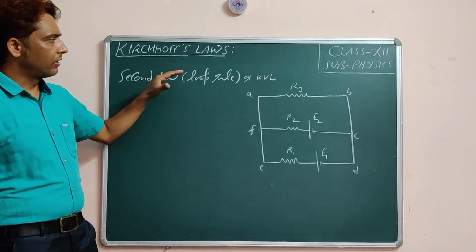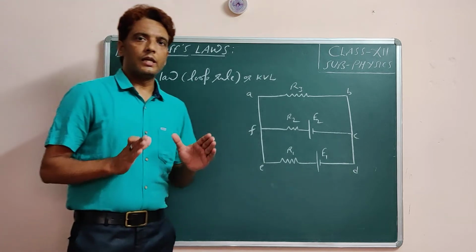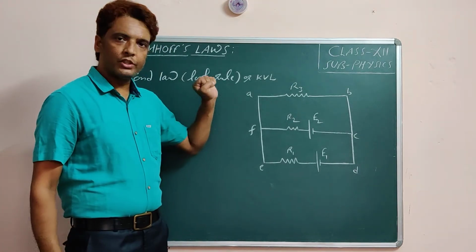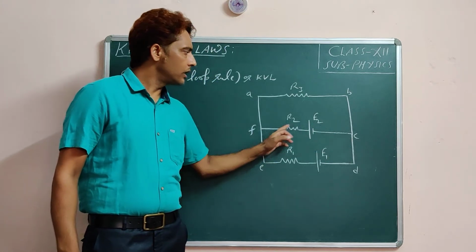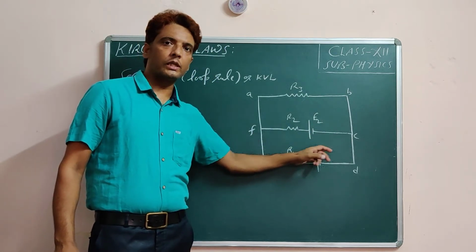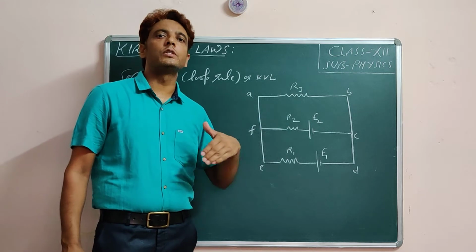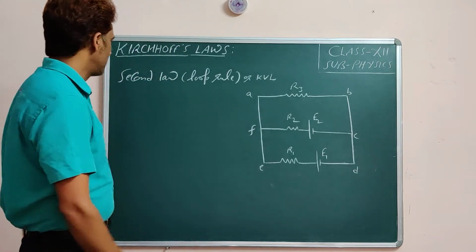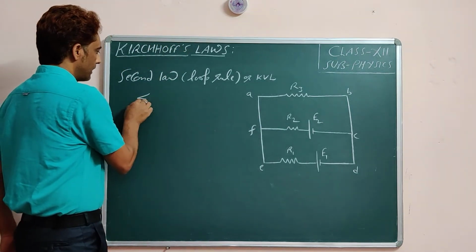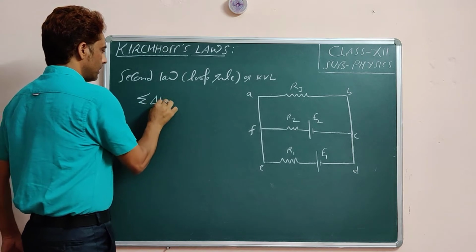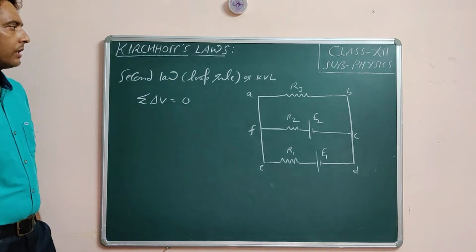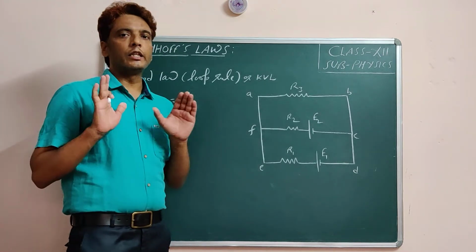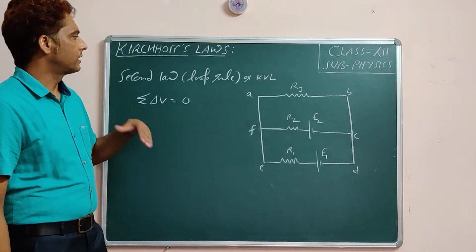So the second law states that the algebraic sum of change in potential across any closed loop in a network or in an electric circuit is always equal to 0. Means you can write it as del V is equal to 0. So again, there are some sign conventions when we apply this second law.